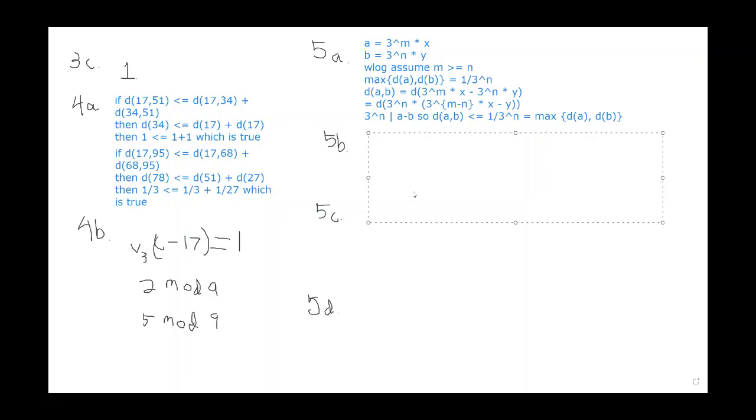Let's write out the definitions of d of AC, d of AB, and d of BC.